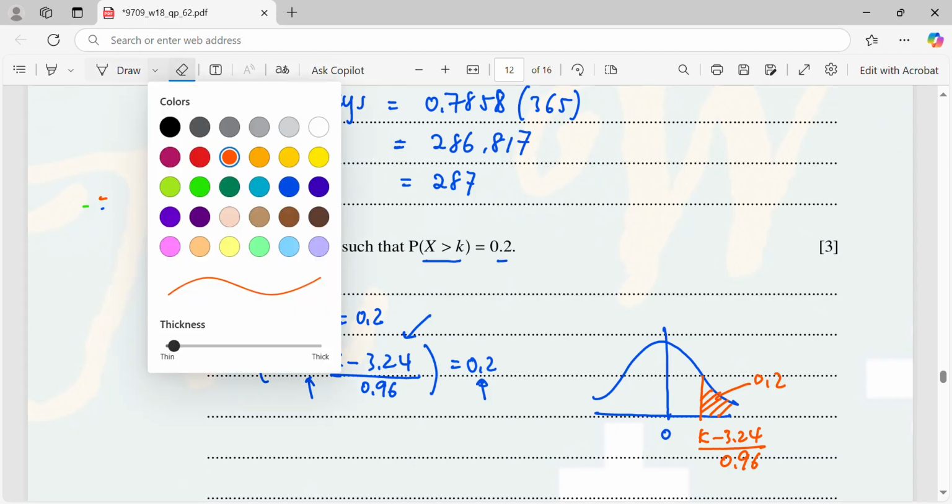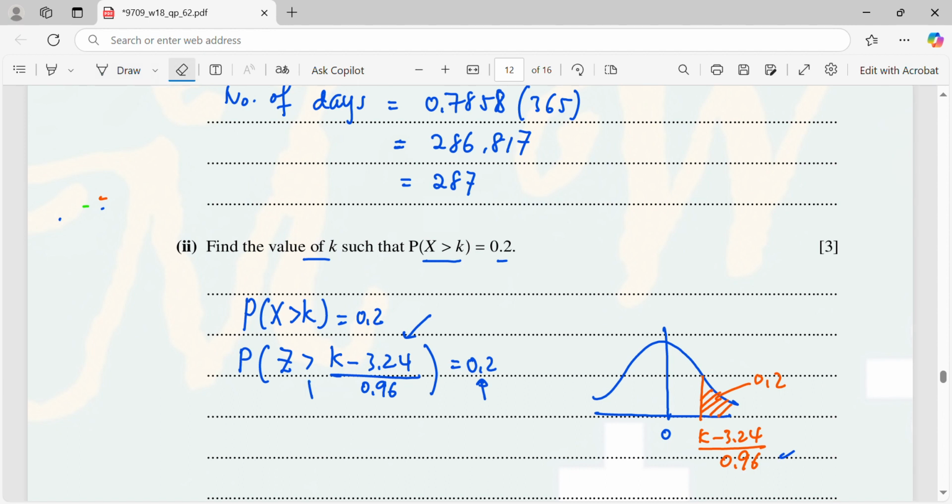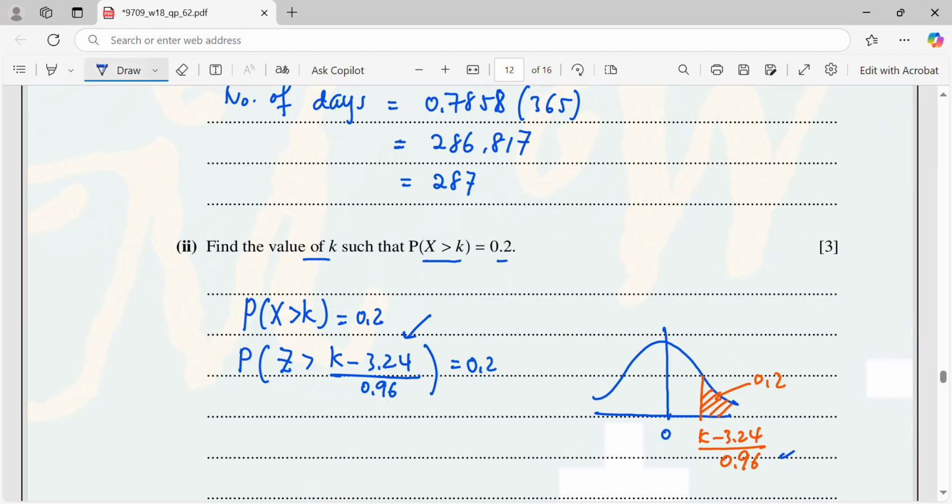Okay, so then from here, since this is on the right side, I know that (k minus 3.24) over 0.96 will be a positive value. So as long as it is a positive value, no need to do any reflection, just keep it as it is. Then what to do is the probability before that will be 0.8. So from here I will write P(Z < (k minus 3.24) over 0.96), that is 0.8.